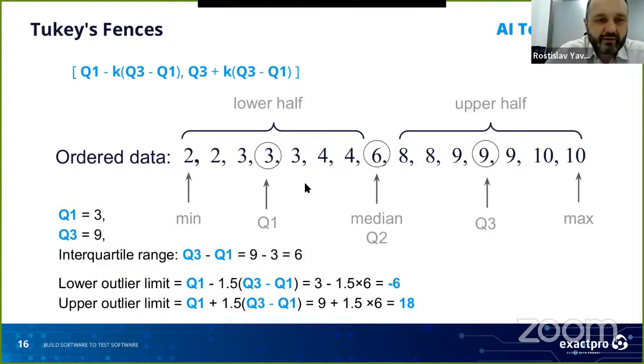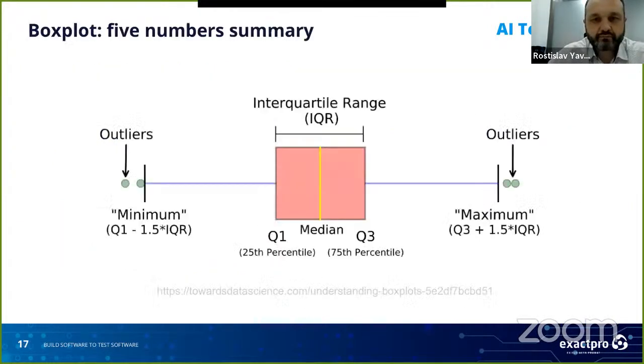Even the smallest and the largest values are not even candidates for outliers. And again, the main advantage of this test is that it's very simple, very easy to interpret, and it could be implemented automatically without any specific knowledge of programming or mathematics.